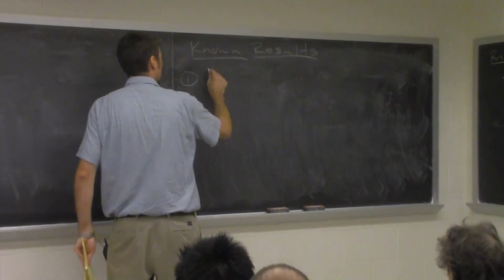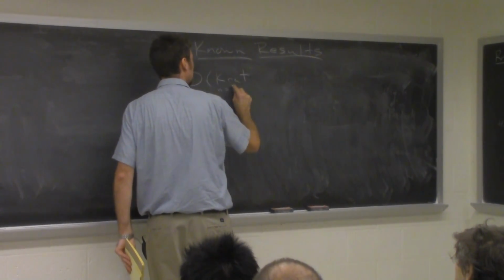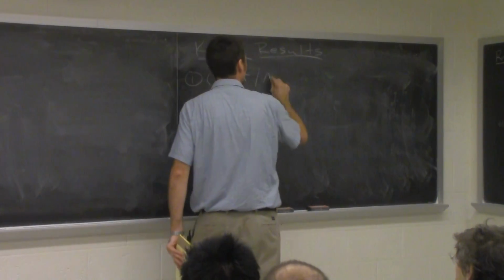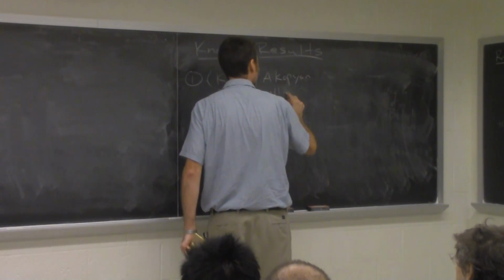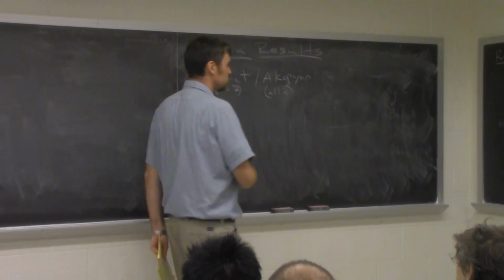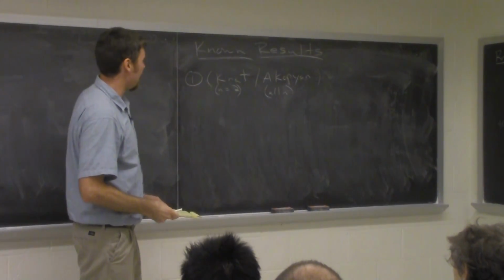First, maybe the big known result is due to Slutskiy and Krat when n equals 2, and then it's due to Arsenia Kopion for all n. And the result is an analog of Gromov's elephant map.